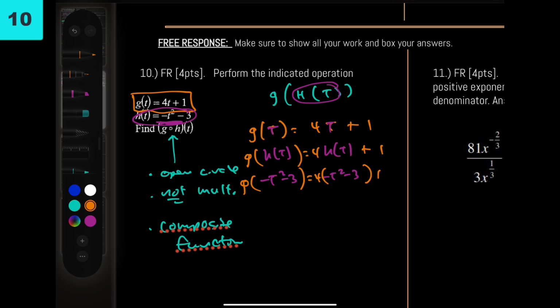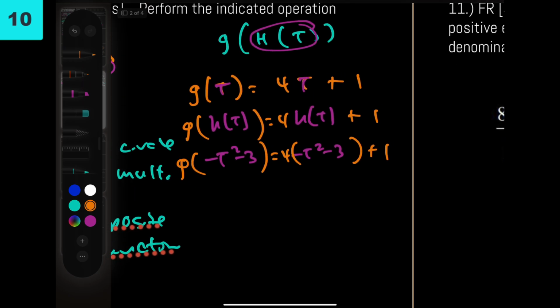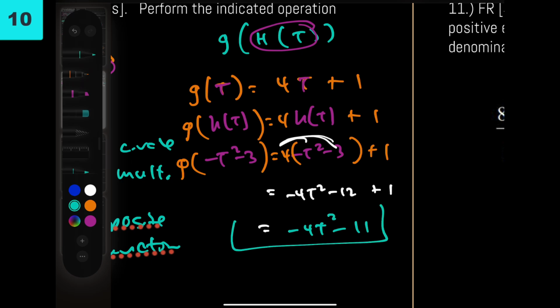Put that in parentheses. Okay, so all you have to do is distribute. So I'll get negative 4t squared minus 12. And then I can drop the parentheses now that I distributed, plus 1. So my final answer is just going to be negative 4t squared minus 11.